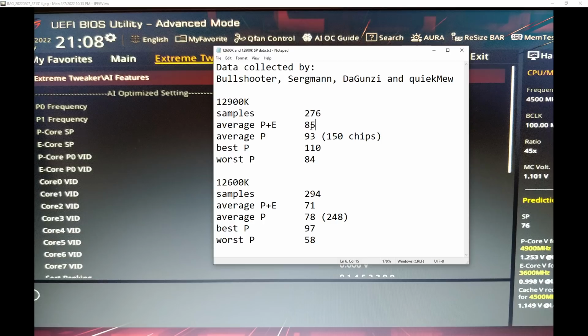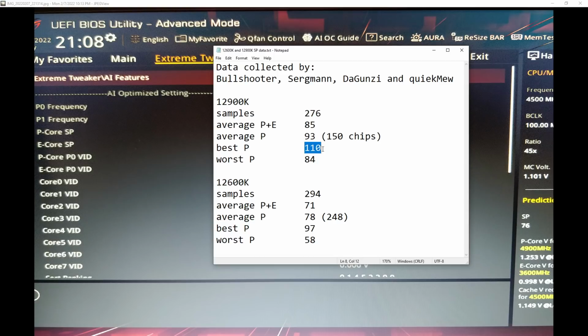Anyway, the average overall rating for these 276 CPUs was 85. The absolute best P-core rating that they found amongst all of these chips was 110, which is 20 points above what I have, which is great. Unfortunately, I don't know how the SP ratings correlate to frequencies on ambient or liquid nitrogen.